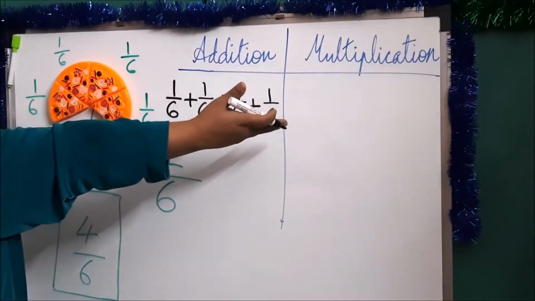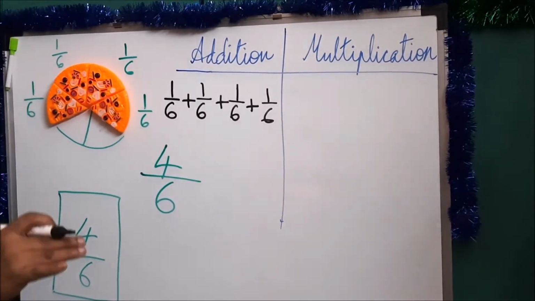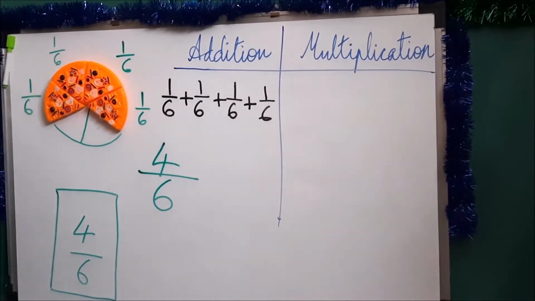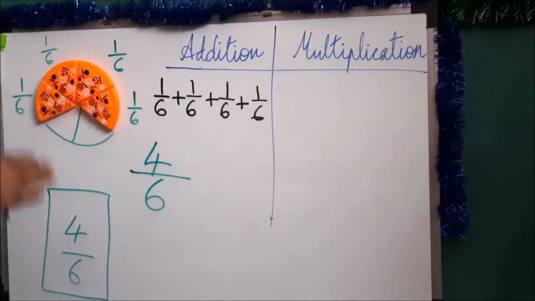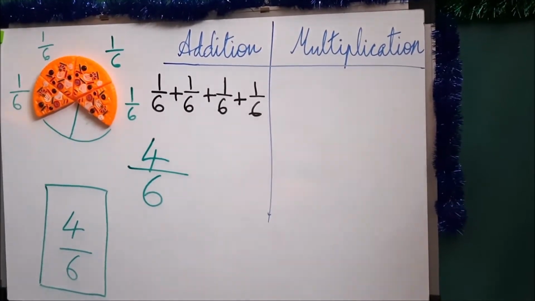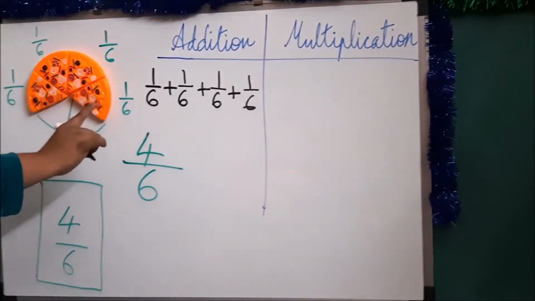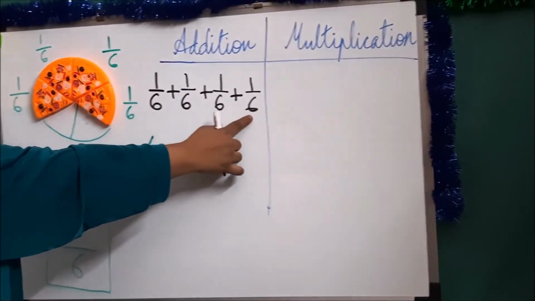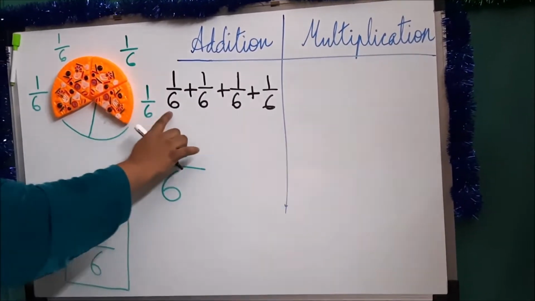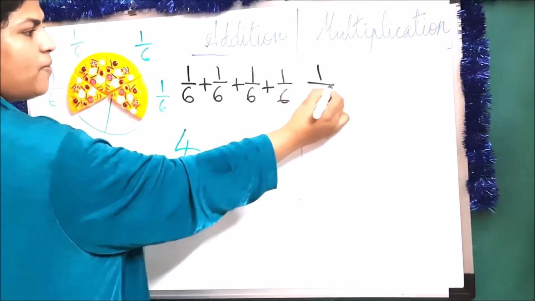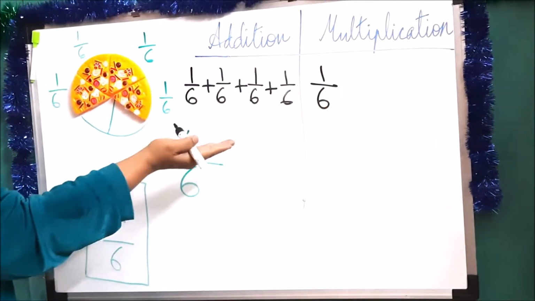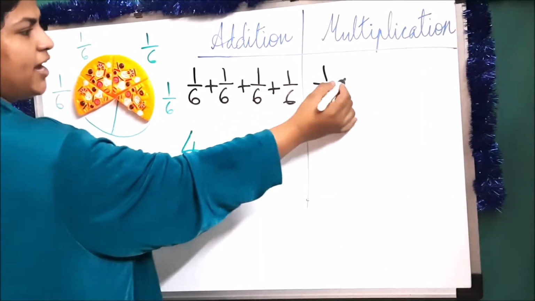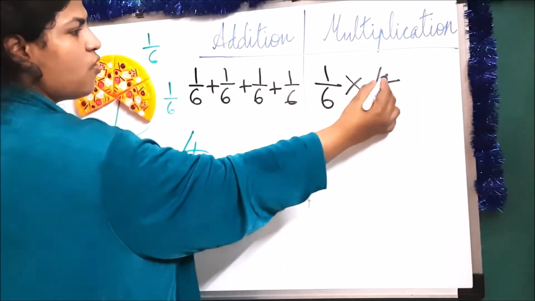And what about the multiplication form? In multiplication, remember we take the times, which means how many times it's coming. How many times is it coming? Now, see, 1 time, 2 times, 3 times, 4 times. So, I took 1 upon 6 four times: 4 into 1 upon 6.